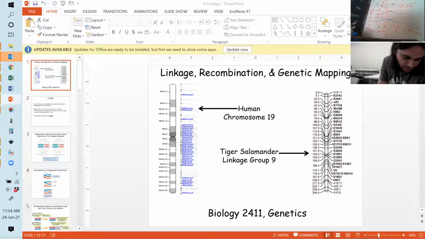Doesn't matter. As long as it's between these two genes, you'll end up seeing more recombinants. And so now you'll get the same deal. You're going to have the parental.